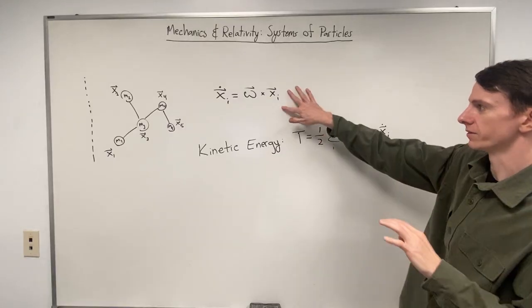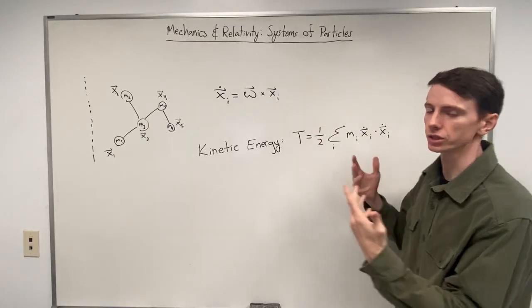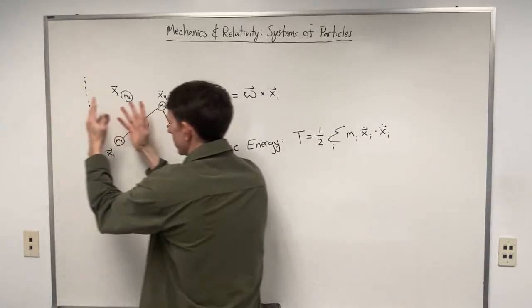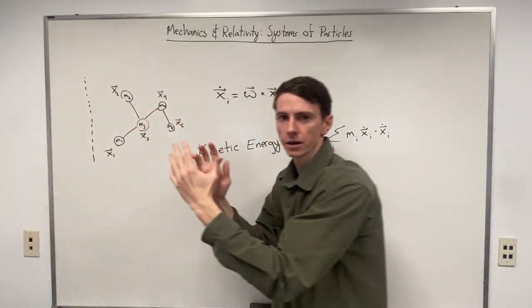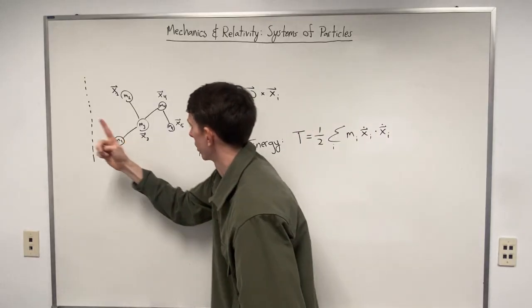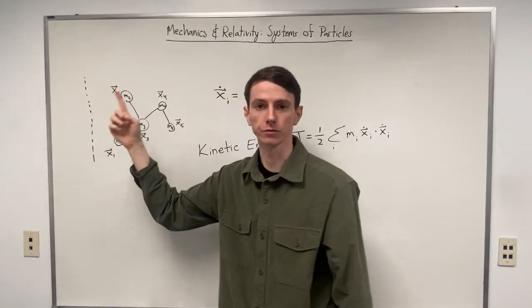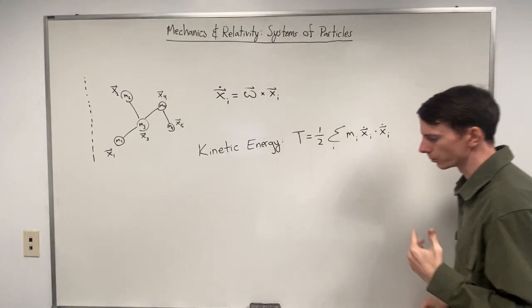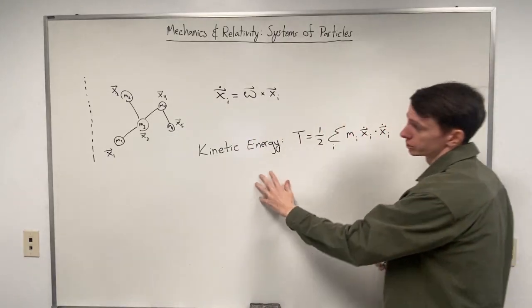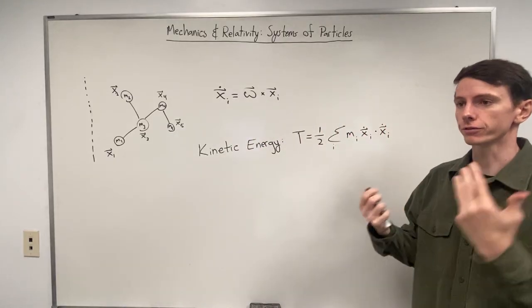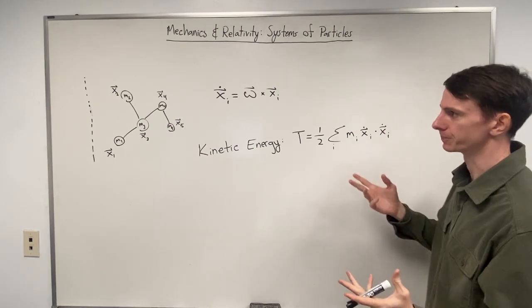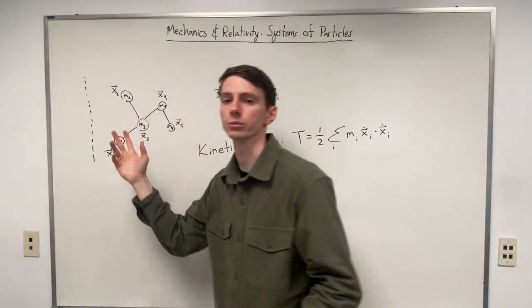With this definition, the type of motion that corresponds to is if the rigid body is just rotating about an axis, okay? In other words, each of these particles is going to sweep out circles of different radii as it rotates around this axis. So when we're referring to kinetic energy, what we're really referring to is the rotational kinetic energy associated with this object.